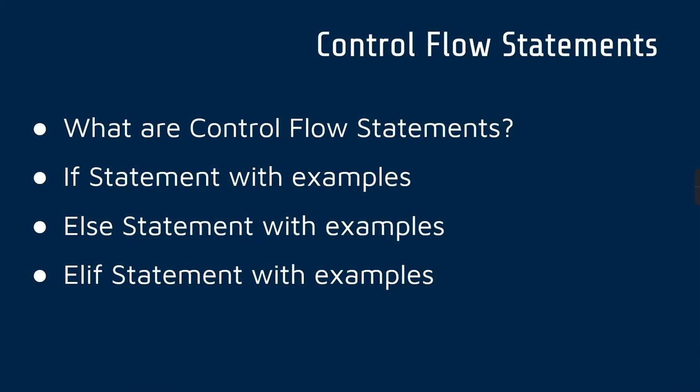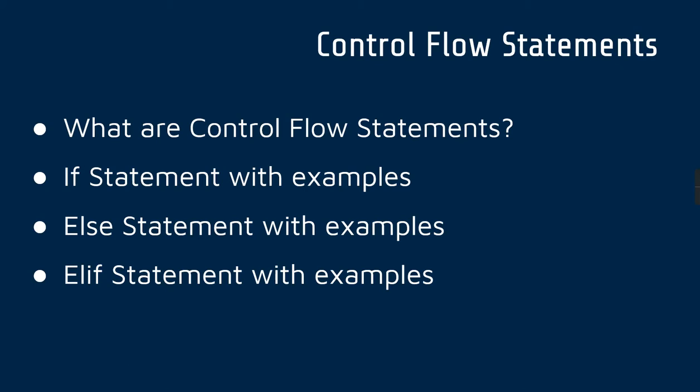Control flow statements are conditions which have to be met for processing the kind of code execution that we want. So let's say only if a specific condition is met, we want to run some code. Whenever we have such situations, we're going to use control flow statements.